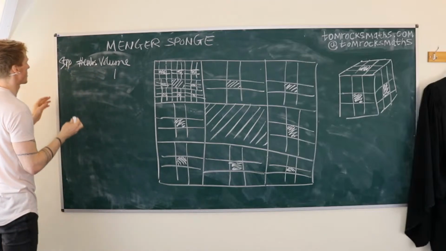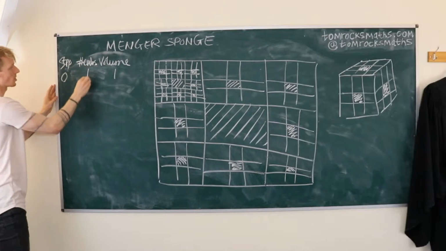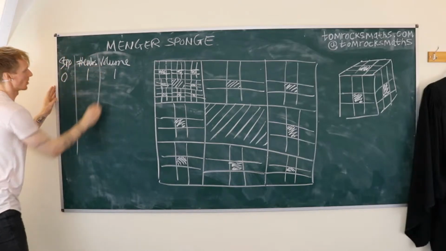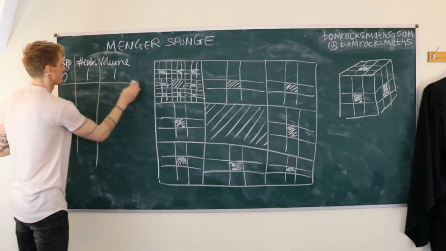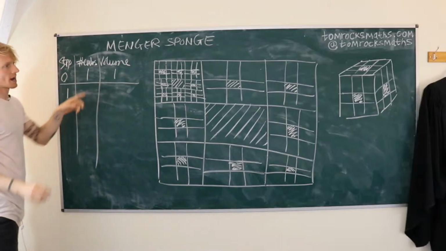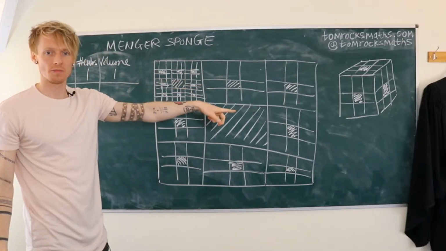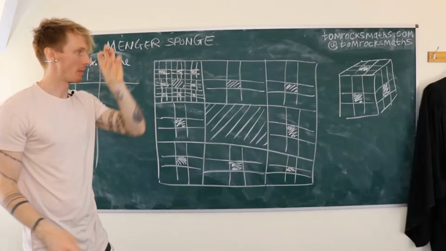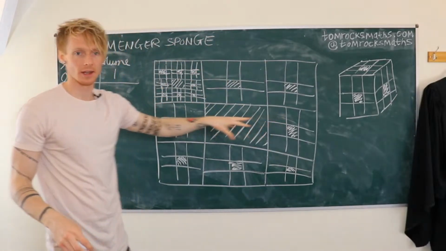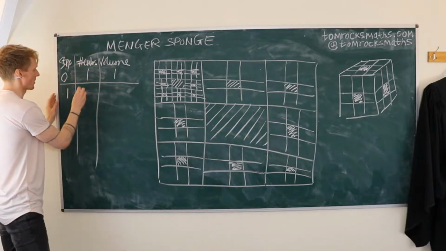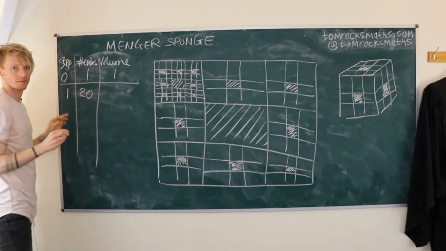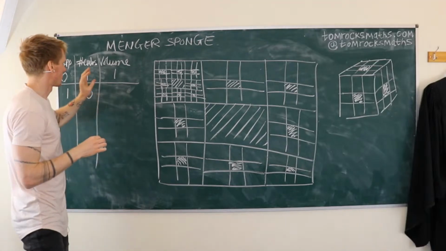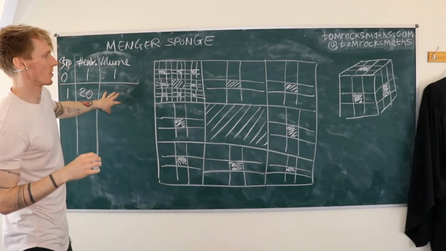Okay, so step 0, we had 1 cube, and the volume is 1. Step 1, we had originally 27 cubes. We've removed 7, 1 from the center of each side, plus the 1 right in the middle of everything. So we're left with 20 cubes. And we can wonder about what the volume will be.